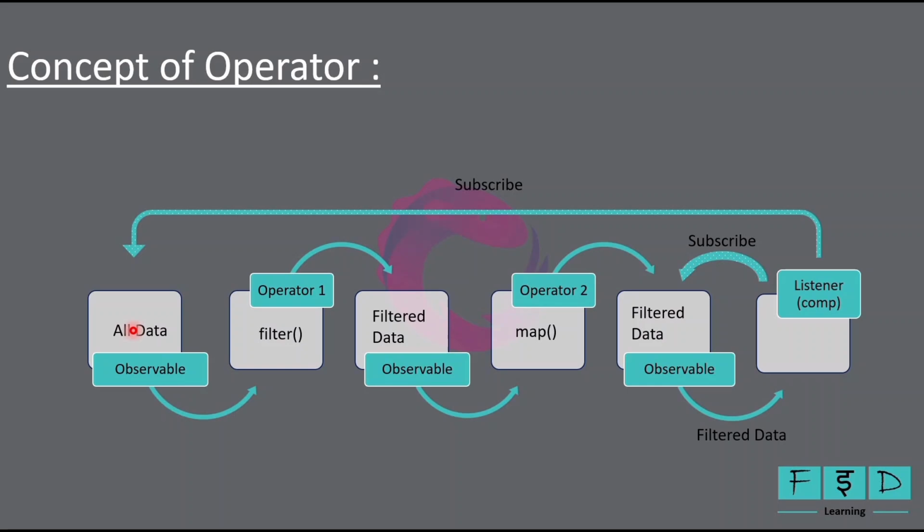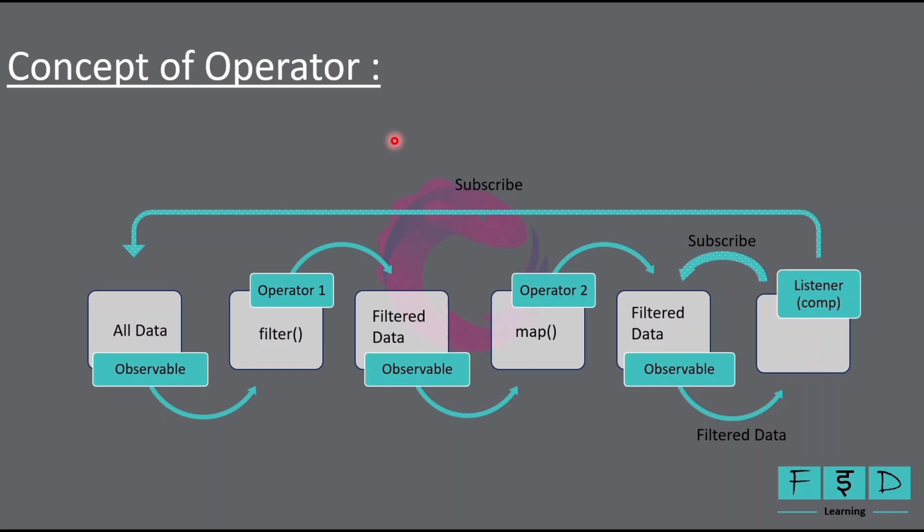The database is holding random numbers from 1 to 100, and the component wants data which is greater than 40, not all the data from 1 to 100. If the component subscribes to that database and the database sends the data to the component in the form of an observable, then the component is holding all the data, not filtered data.